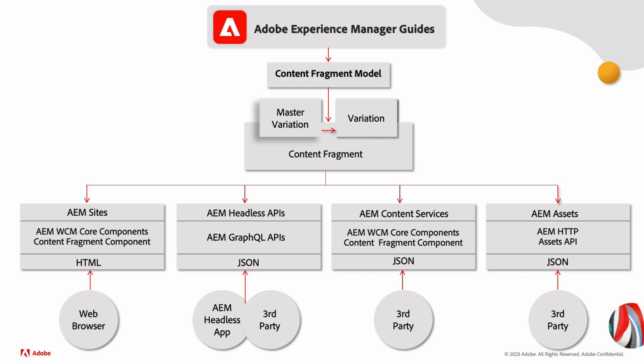Fundamentally, a topic is the lowest grain which you can create in AEM Guides, effectively done by the TechCom writers in Guides. We allow you to map the content to the CF model, and we will also talk about what a CF model is as we get into the demo.